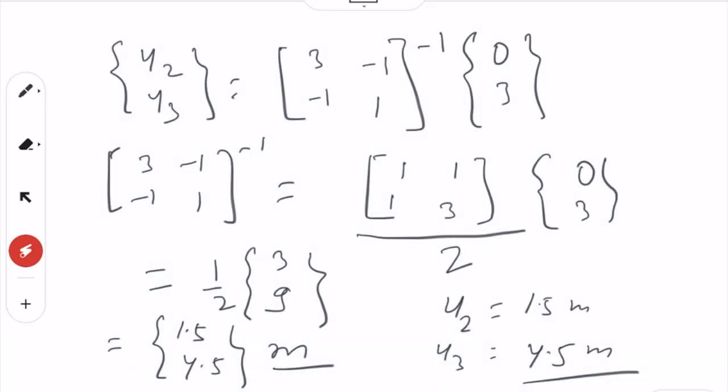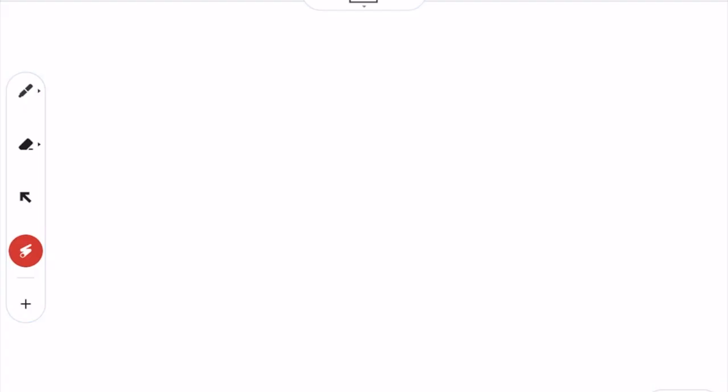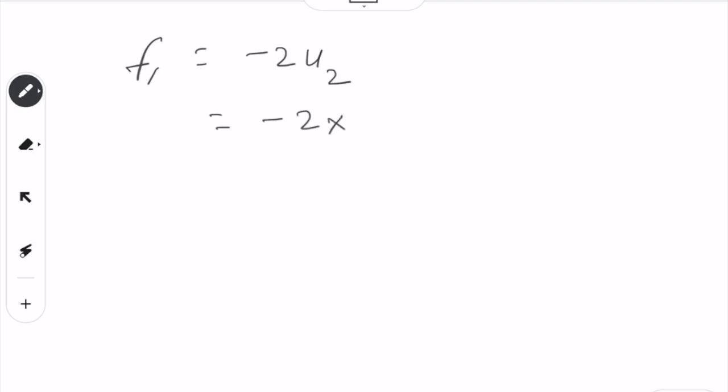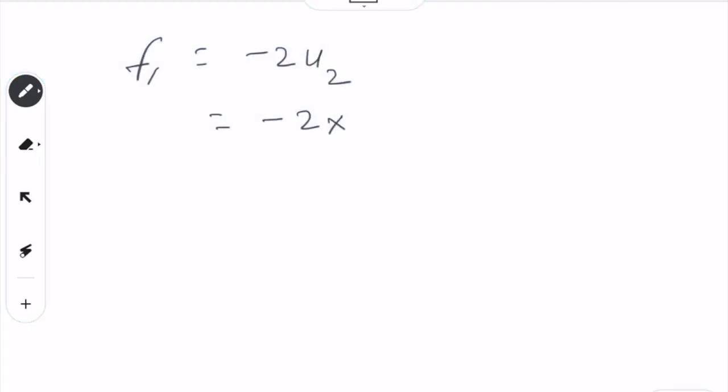So we can go back, we can find out minus 2 times U2 equal to F1. Okay. So let us write here. F1 equal to minus 2 times U2 is the F1, and is equal to minus 2 multiplied by U2, and U2 is 1.5, and you get minus 3.